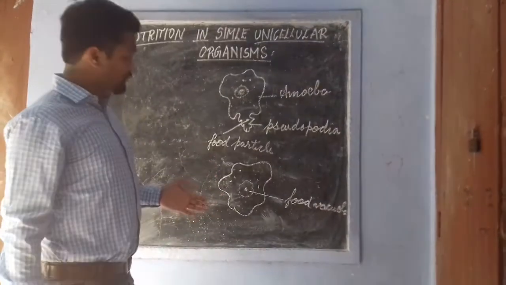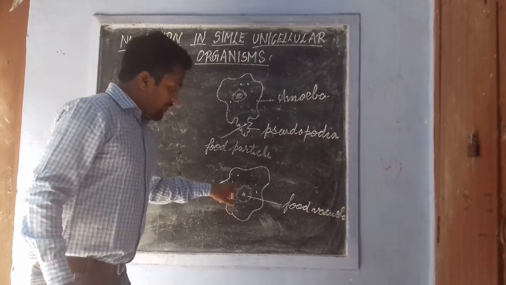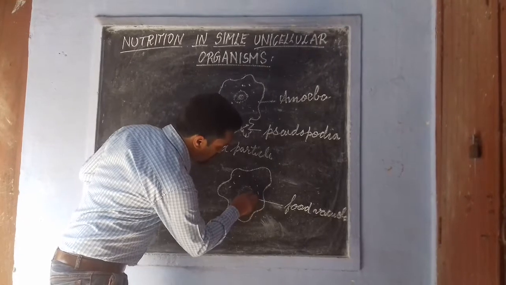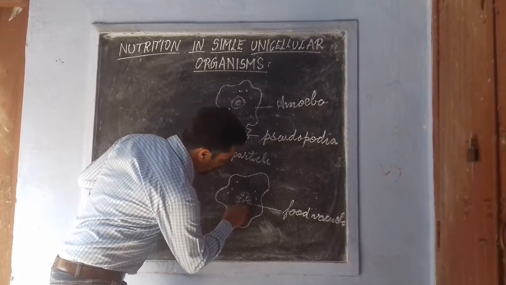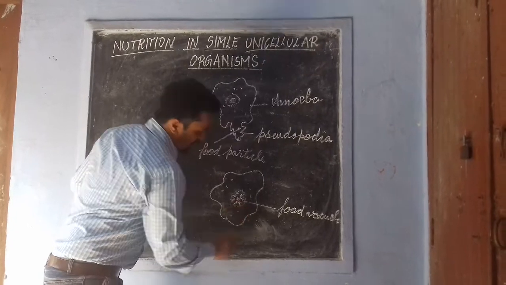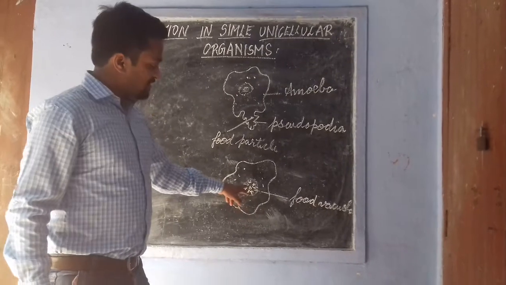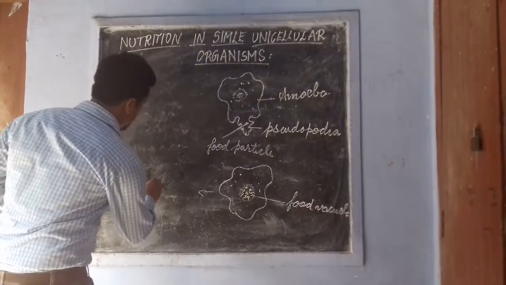Now, how is this food particle digested? After the formation of this food vacuole, what happens? Certain digestive enzymes are secreted inside the food vacuole from the surrounding cytoplasm. After the secretion of the enzymes, these enzymes break down the food particles.